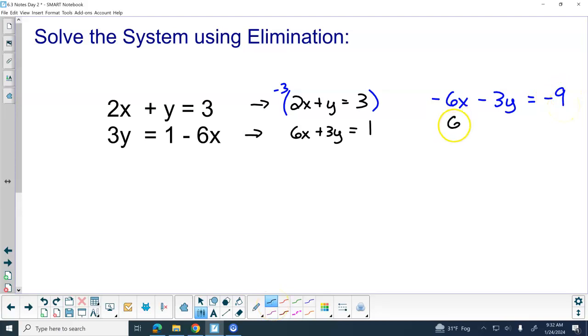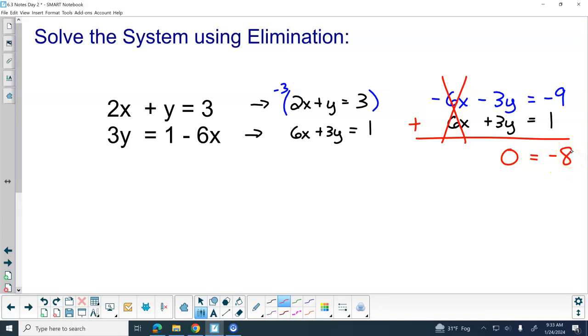My second equation was 6x plus 3y equals 1. If I add them together, my x's do go away. Negative 3 plus positive 3 also goes away, which means that there's nothing on that side, and negative 9 plus 1 is negative 8.